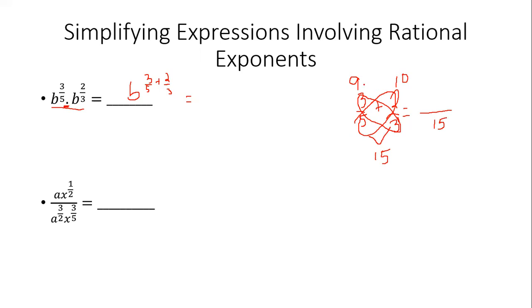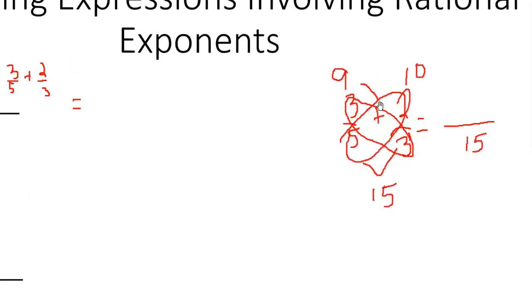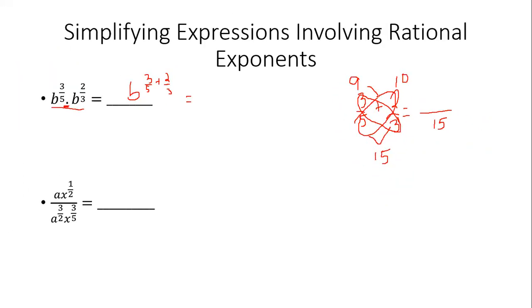So yun po yung ano natin. We add 9 and 10. So that is 19 over 15. So the final answer is b raised to 19 over 15. Ayan. Medyo nakakaano lang yung mga numbers dyan.